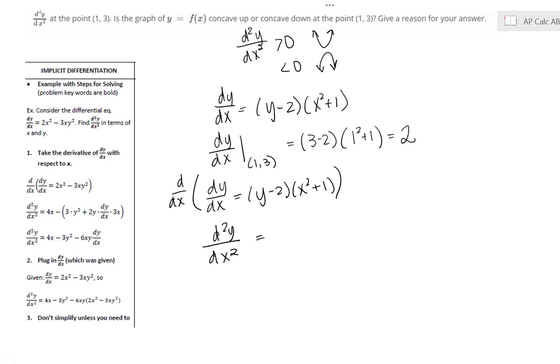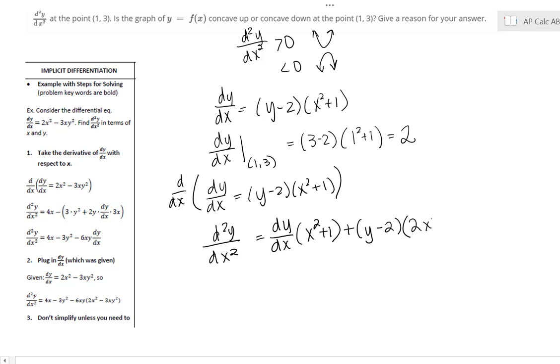we have product rule going on right here, so the derivative of y minus 2 with respect to x, we have a constant, so that's 0 times x squared plus 1. Then plus, don't touch that first one, y minus 2 times the derivative of x squared, which is 2x. And earlier, I also gave this condition with that point, so I'm going to rewrite this: d2y over dx squared, given the condition 1, 3.